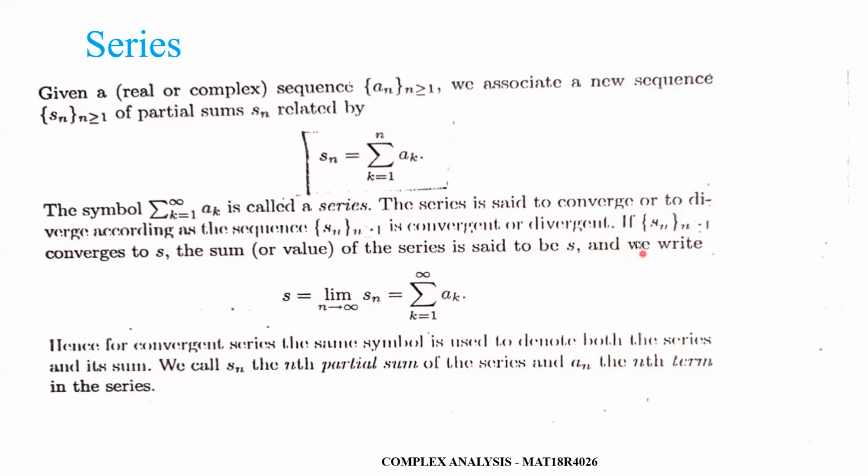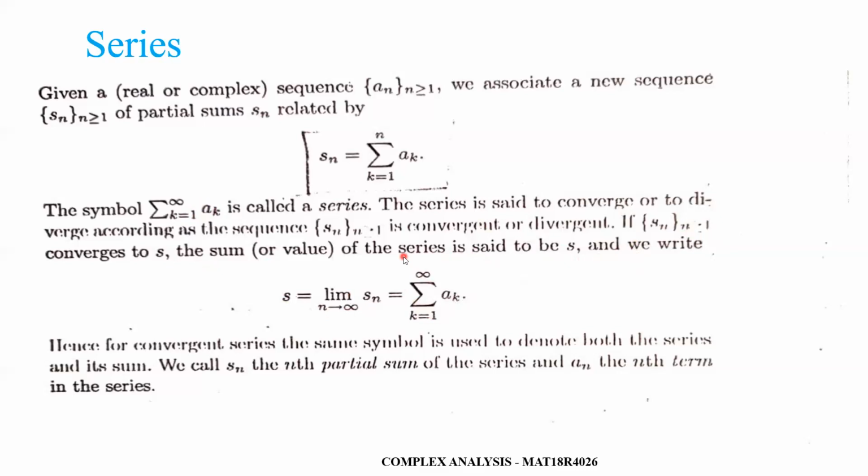Further, if Sn converges to S, the sum or value of the infinite series is said to be S, and we write S equal to limit n tends to infinity Sn equal to summation k equal to 1 to infinity ak.